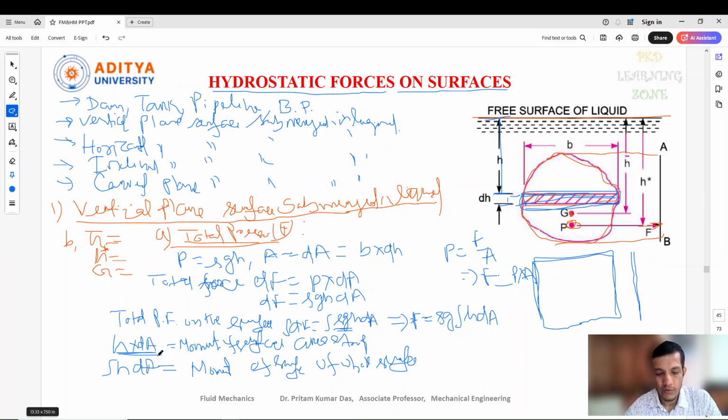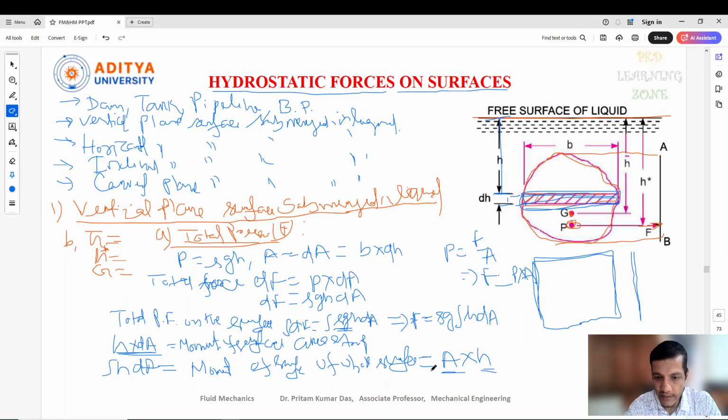Okay, so that one we can write in terms of, if you are going to calculate, consider this total whole surface, so you can write there A into H. Okay, so that one we can write area into the distance. This is nothing but area, and this is the distance from the center of gravity.